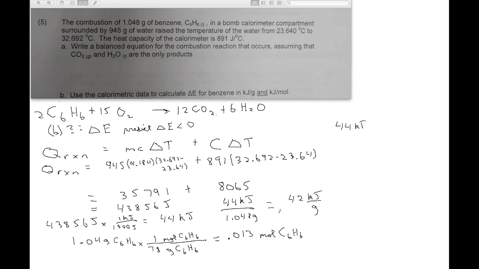So then negative 41.85 divided by 0.01343. Whoa, 41.85 divided by 0.01343. Wow.